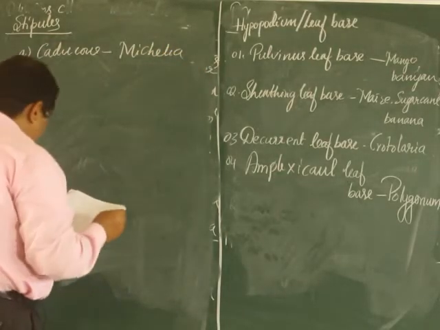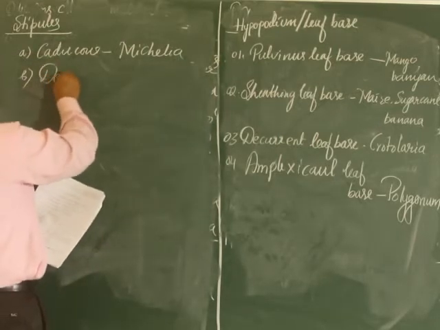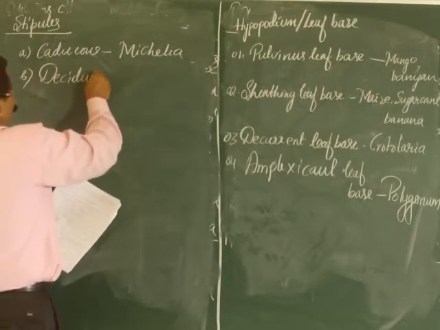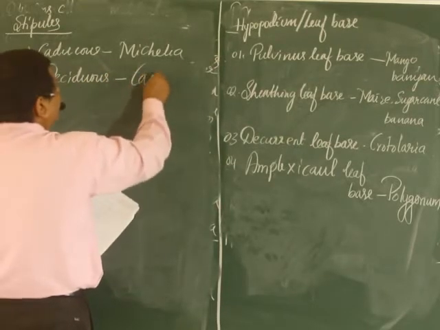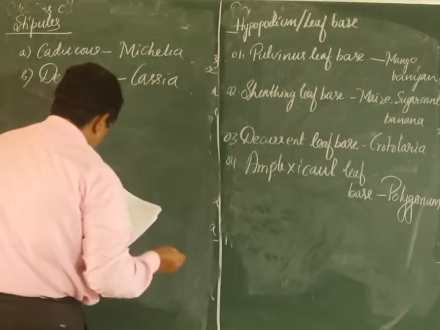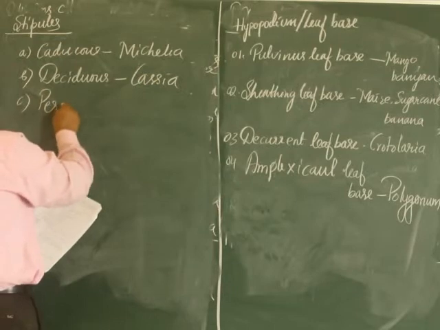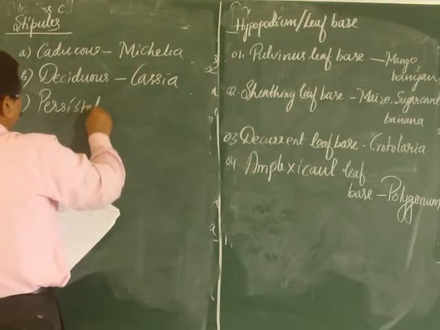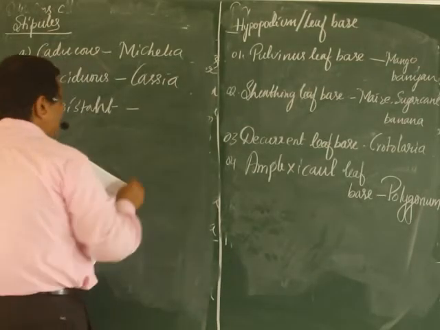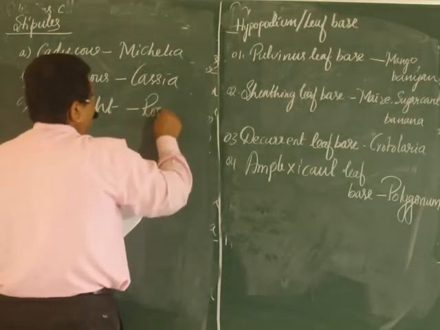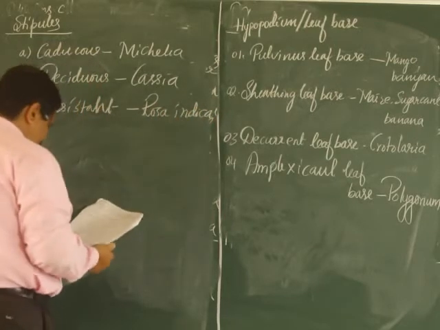Second type of stipule is deciduous. It is found in Cassia. And persistent stipule. It is in Rosa indica.